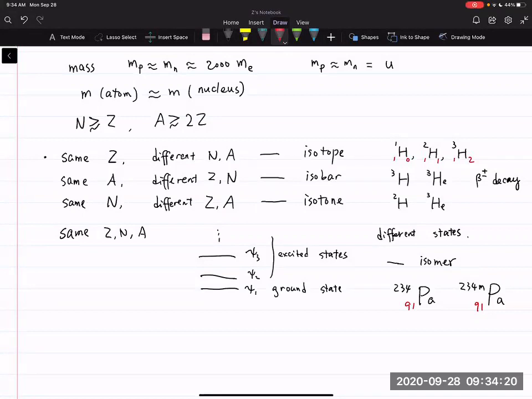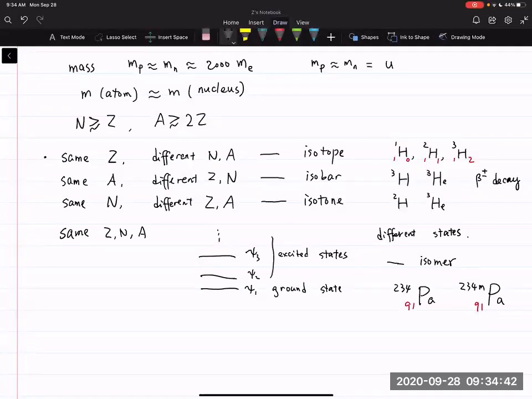So these are the four terminologies. Of course, among the four, the most common one is the isotope. For isomer, I want to warn you, this word has been used in chemistry as well, so it should be distinguished from the chemical isomer.